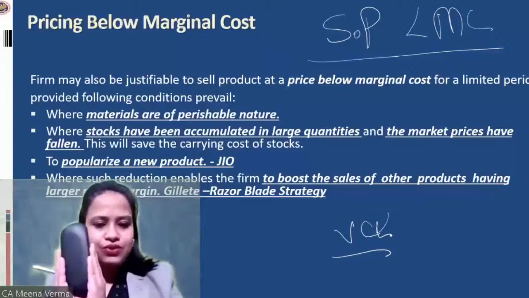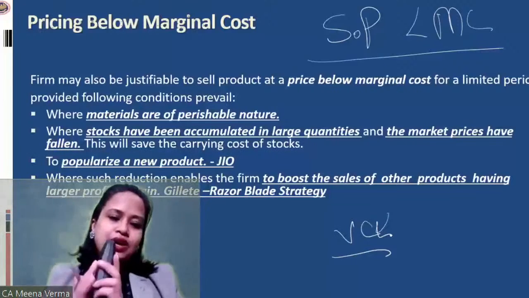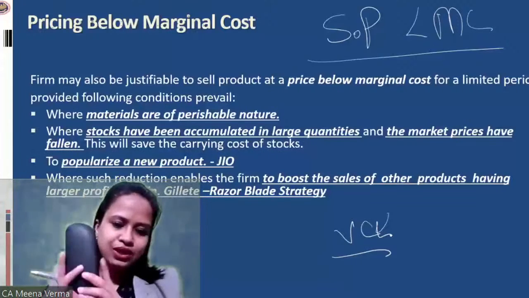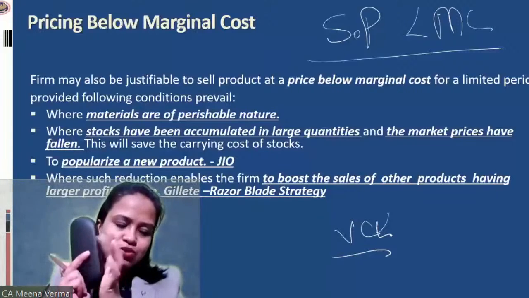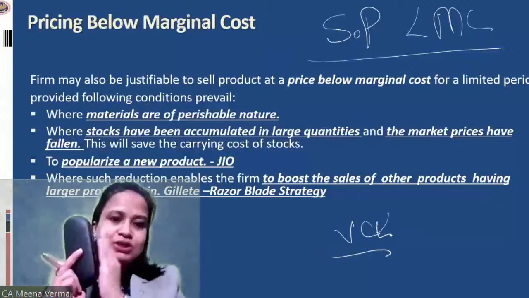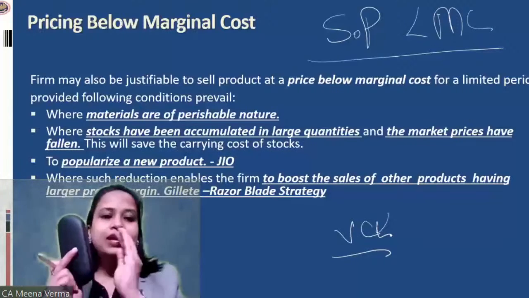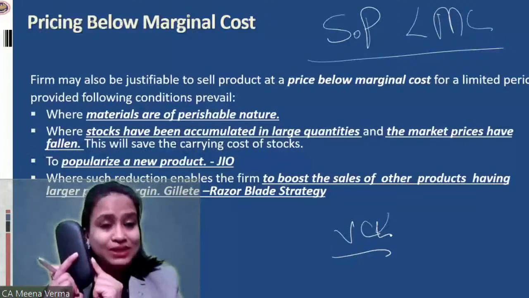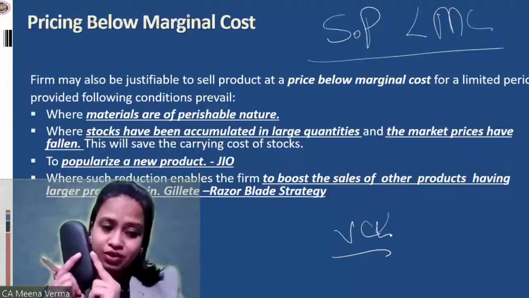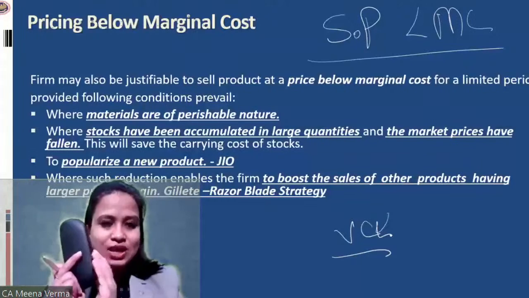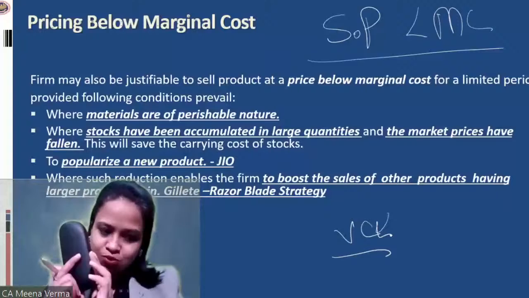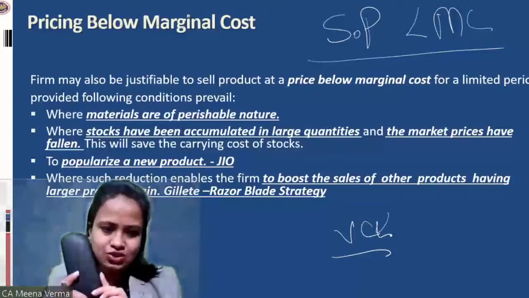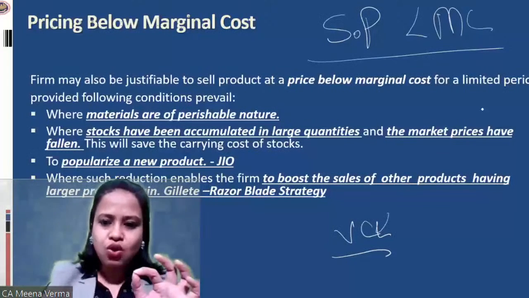If my selling price is less than 50, for example 30 rupees, I'm not recovering the fixed cost, which is okay, but I'm also not recovering the variable cost. In such a case, I'm incurring a contribution loss of 20 rupees on each product. It is considered acceptable to incur such a loss under the following conditions.